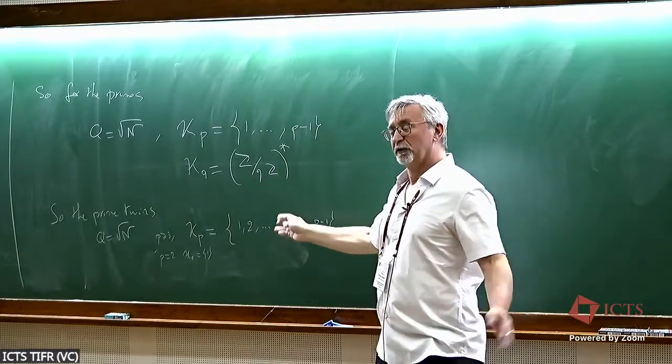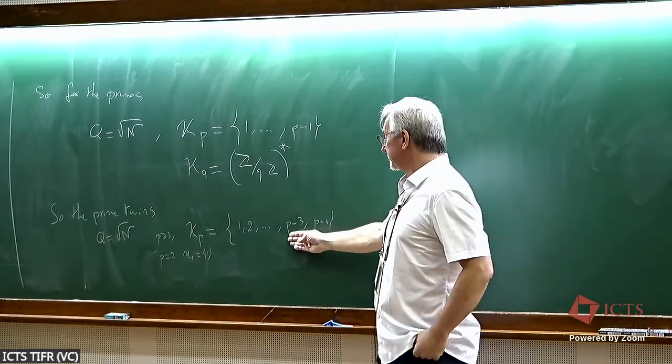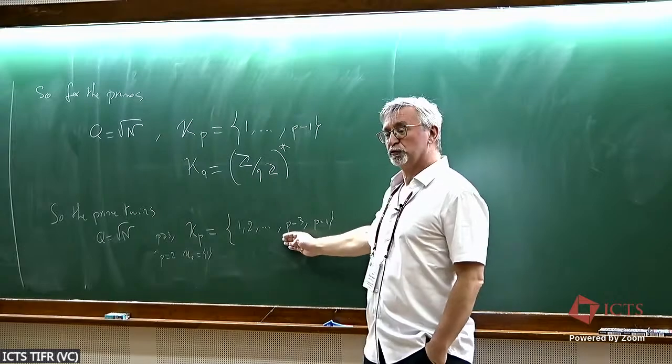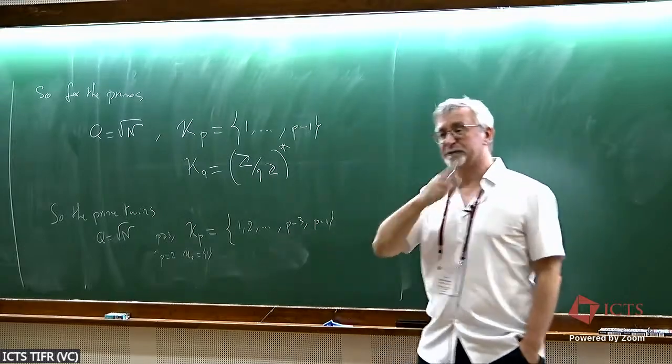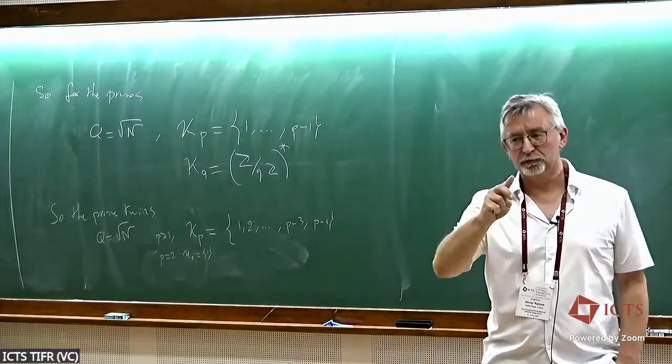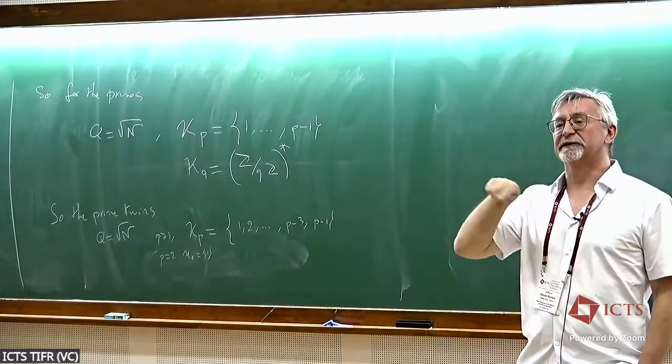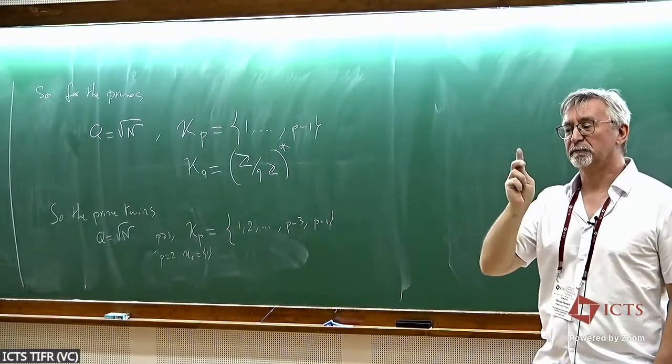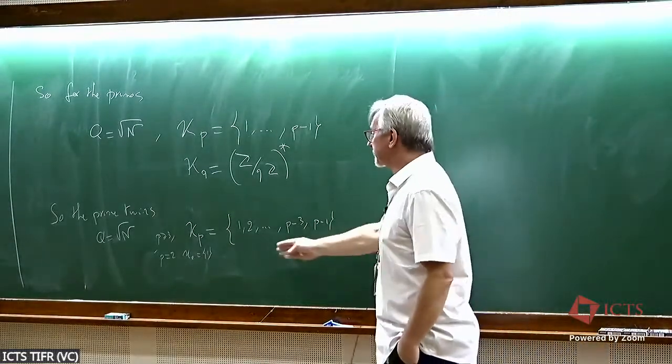For each prime, you make the product. The cardinality here is p minus 3. This 3 is what we call the sieve dimension. For each prime, the sieve dimension is a bit more complicated, but essentially it's the same.